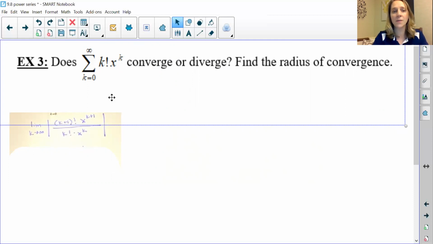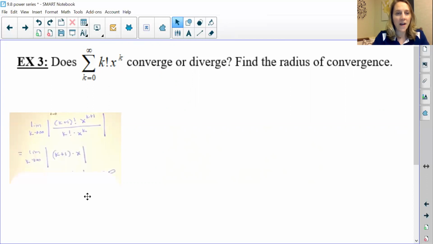And remember the ratio test, we've always got this absolute value in it. So in simplifying, we practice rewriting this, right? We can rewrite k plus 1 factorial as k plus 1 times k factorial, so the k factorials cancel. And x to the k times x to the 1, we can see that the x to the k's will cancel, so we're just left with k plus 1 times x.